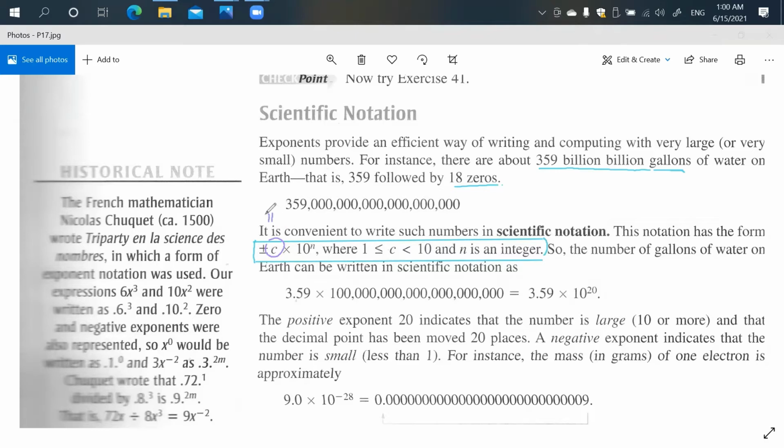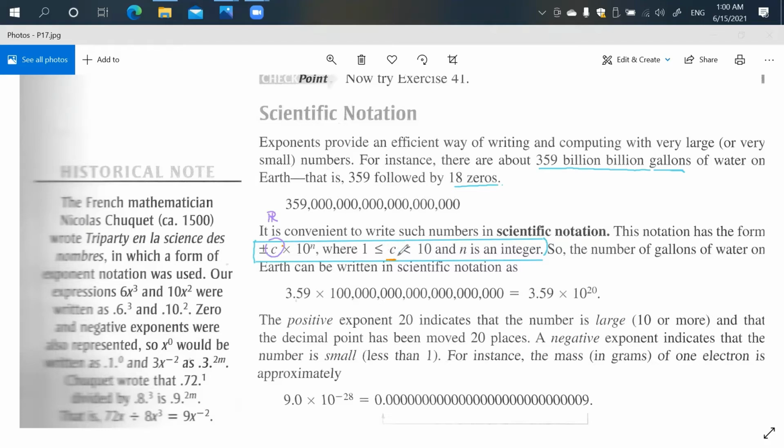You still remember real numbers can be rational or irrational, right? But in this case, it can be laid down in decimal point form. Let me draw the box first. C has restrictions right here. C must be between these numbers.